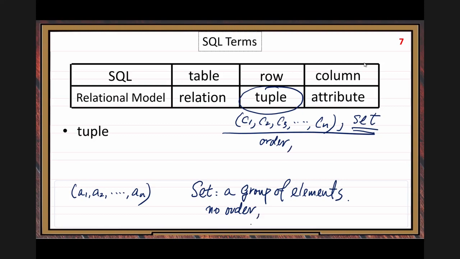Another property: in a set, you cannot have duplicate elements. Each element cannot be repeated; if it's repeated, it doesn't count, so remove it. But in a tuple, C1 and C2 having the same value is fine. You do not remove them. They're allowed to have the same values.